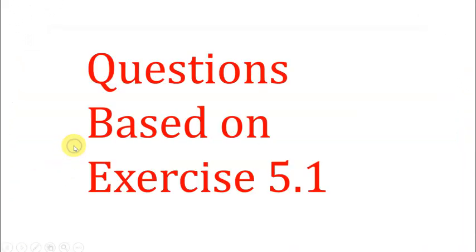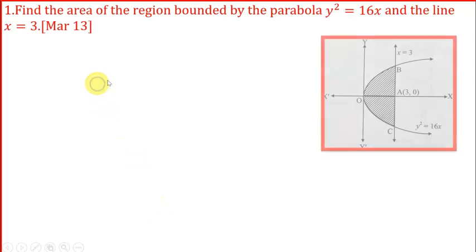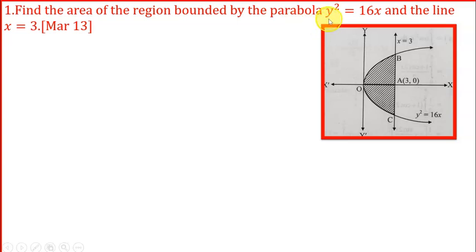Next question based on exercise 5.1. First example. Find the area of the region bounded by the parabola y square is equals to 16x and the line x is equals to 3. Now the solution.